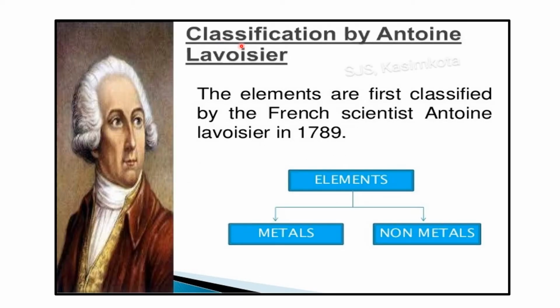Classification of elements by Antoine Lavoisier. You must have heard of this scientist named Lavoisier, who discovered oxygen, and he is also known as the father of modern chemistry because he is the first person to lay the foundation for the classification of elements. The elements were first classified by the French scientist Antoine Lavoisier in 1789.